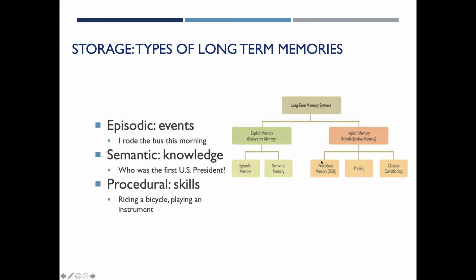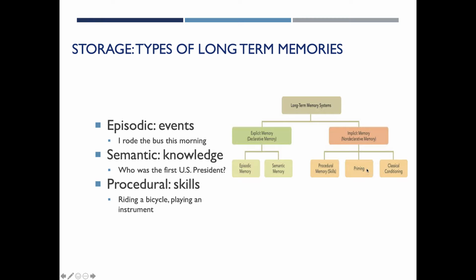If I asked you to say step by step so that somebody from another planet would be able to drive a car, I bet your verbal description wouldn't help them very much. They need to get into the car and learn for themselves. So this involves things like learning to ride a bike or play a musical instrument. Your implicit memory also includes priming.